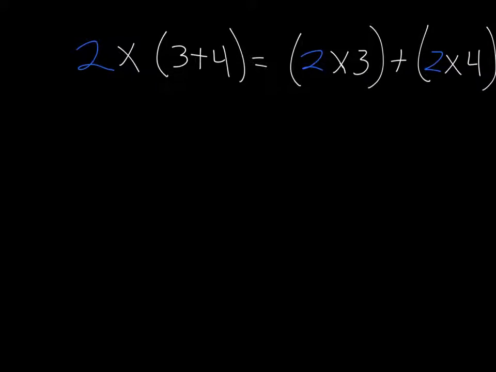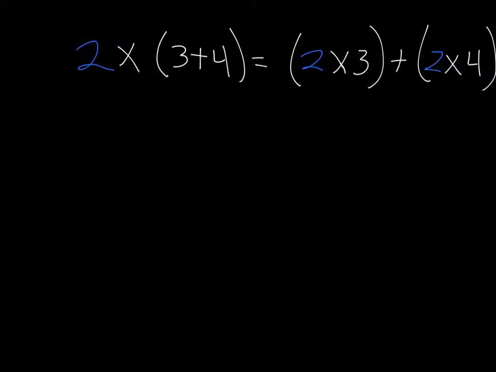All right, we're going to take a look at the problem we just did. I just transferred it over to a new page so that you can see again how the distributive property really works. Here we're taking 2, multiplying it by the sum of 3 plus 4.